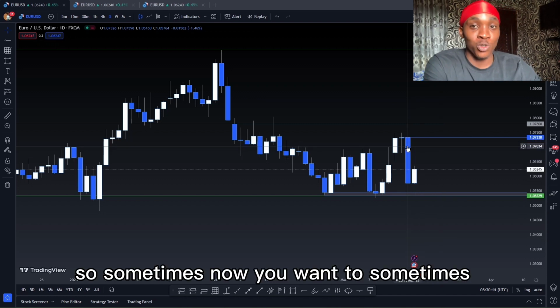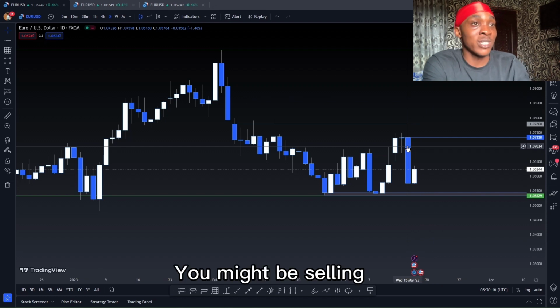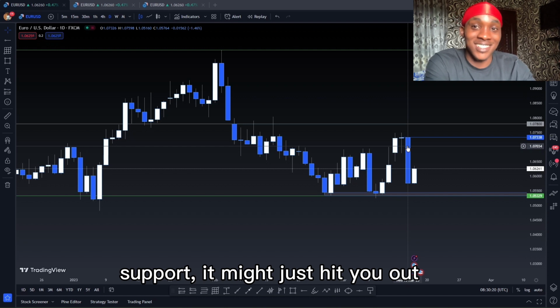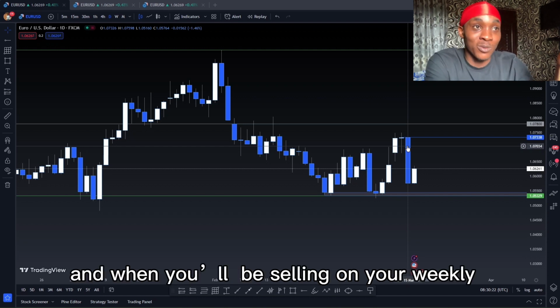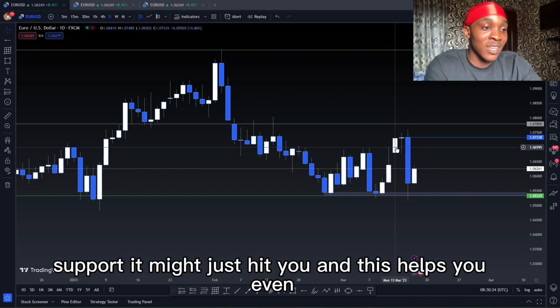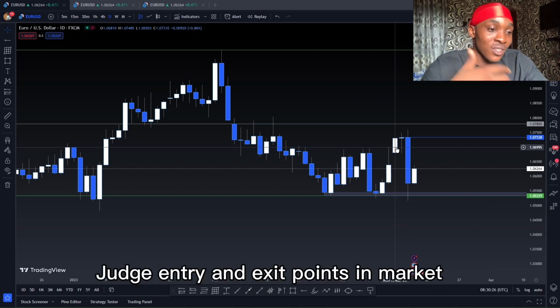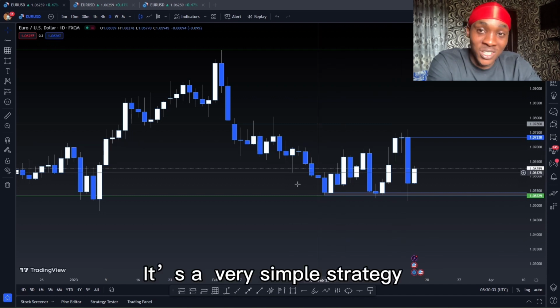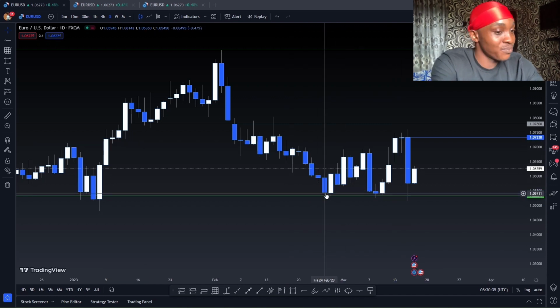Sometimes you might be selling on a monthly support, it might just hit you out, and the same on a weekly support. This helps you even judge entry and exit points in the market, long-term entry and exit points, right? It's a very simple strategy, something you can do.